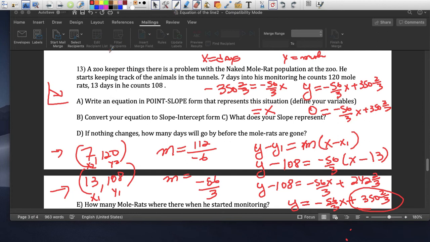You guys, 350 times 3 equals 1050. So that would be 1052 over 3 times 3 over 56. Oh, how nice is that? So 1052 divided by 56 divided by 3 is going to give us 350 days.